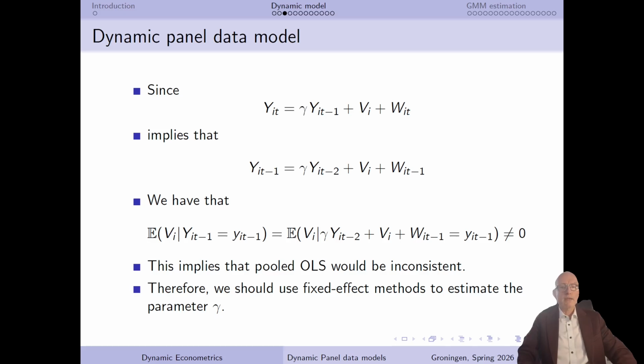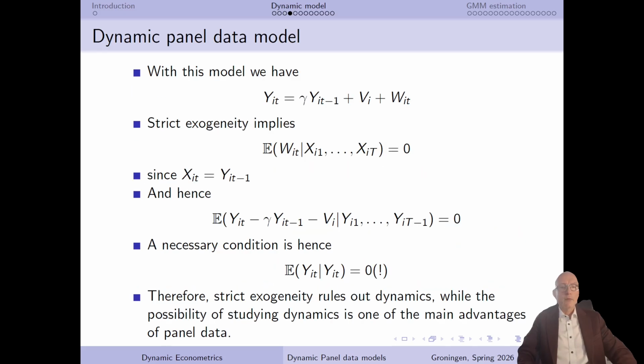The question of course arises, how are we going to do that? Well, let me then consider once again this model that we have. So y_it is equal to gamma y_i,t-1 plus v_i plus w_it. At the moment that we would like to use either the fixed effects estimation method, the within estimator, or first difference estimators, then what we need of course is strict exogeneity.